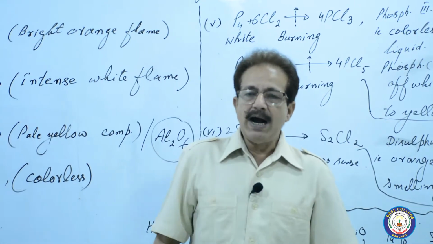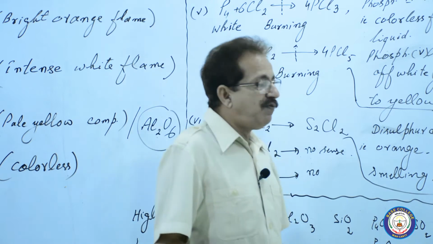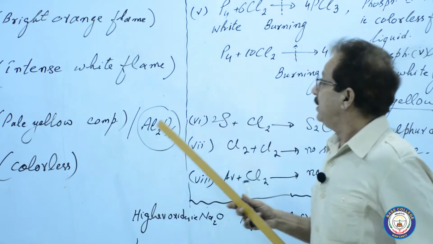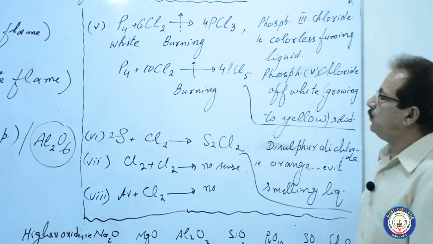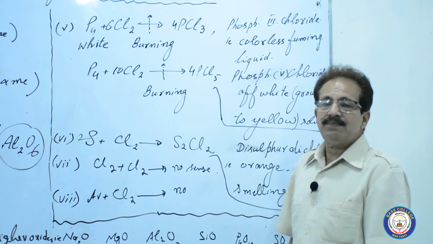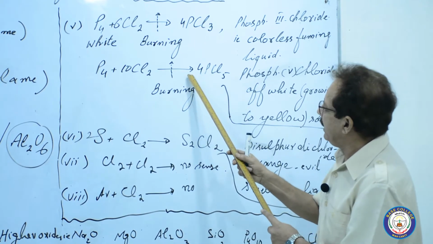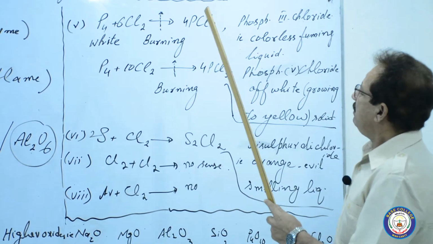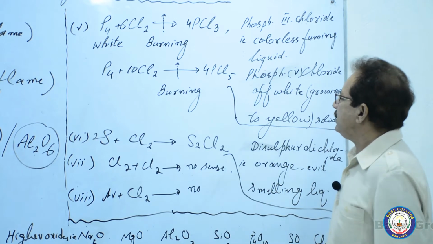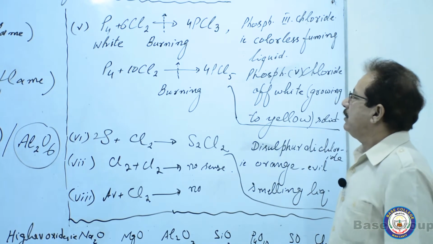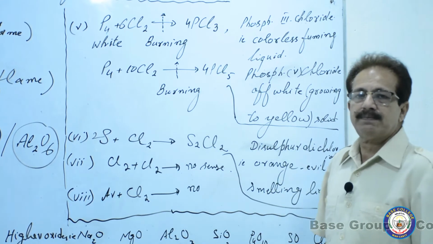PCl3, phosphorus trichloride, and PCl5, phosphorus pentachloride. In the first product, the oxidation state of phosphorus is smaller as compared to the oxidation state of phosphorus in the second compound. Here phosphorus has +3 oxidation state, and here phosphorus has +5 oxidation state. That's why I am saying you will get a mixture of these two compounds.